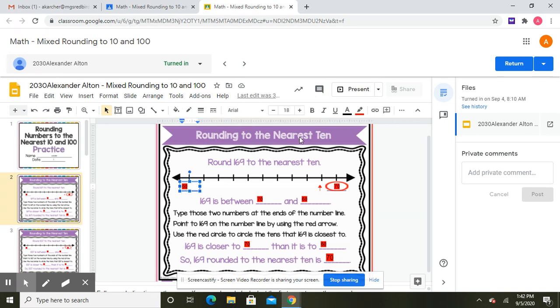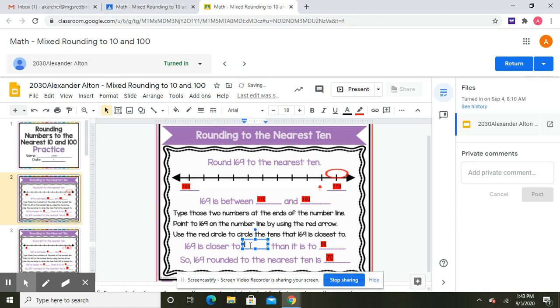So the answer on this side should be 160, and the number on this side should be 170, okay? So then that would change all of these down here. Don't forget to keep that hundreds place number in.